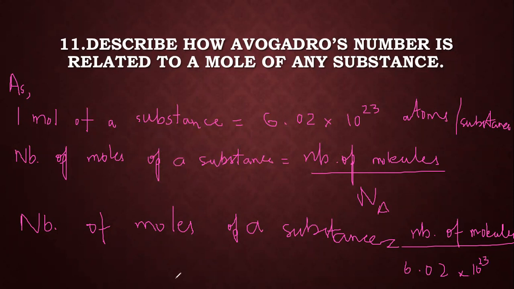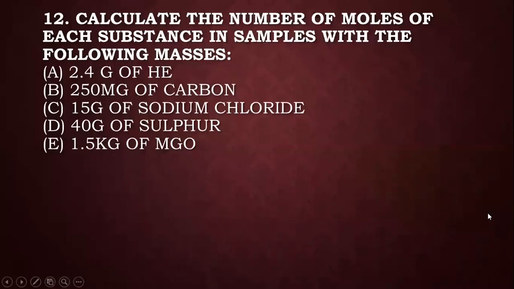Now, moving toward the next question. Calculate the number of moles of a substance in a sample. So A, B, C, D, E are given. First we have to write the general formula of the number of moles. How to find the number of moles?